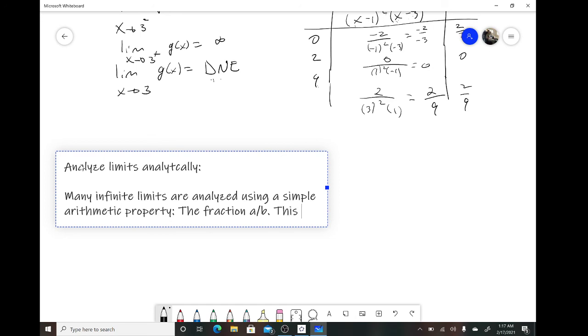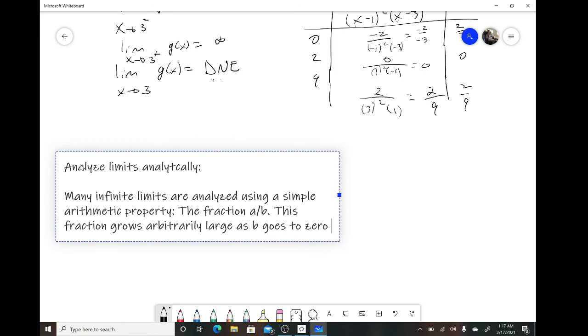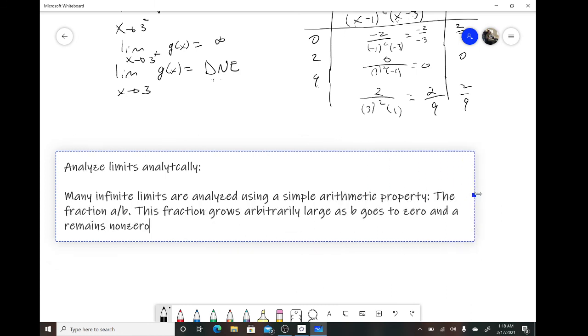So this fraction grows arbitrarily large as b goes to 0 and a remains non-zero. As b gets smaller and smaller, and a stays constant, the actual limit will go towards infinity or minus infinity, depending on what you're working with.